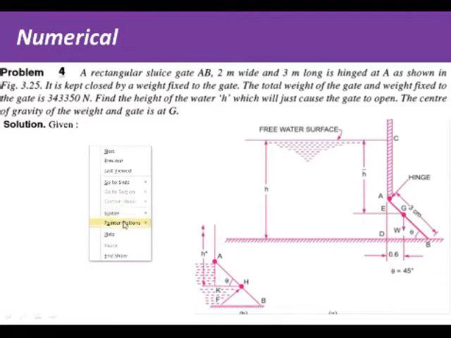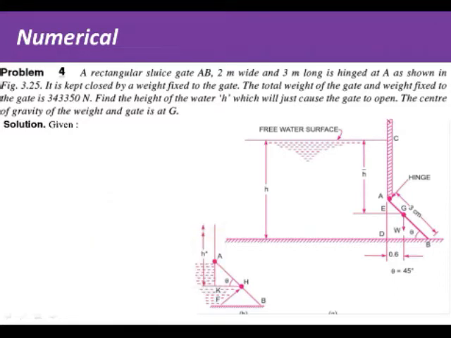So what is given in this problem? See, in this problem, there is a dam, and on the lower side of the dam, one gate is given. Whenever there is no requirement of water for the turbine or for irrigation purposes, this gate will be closed.